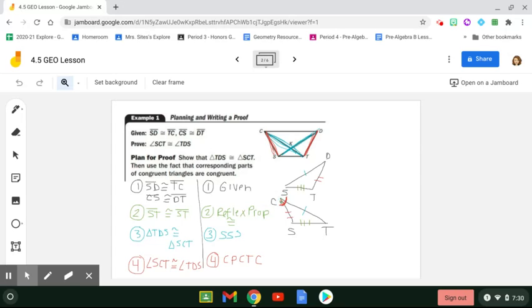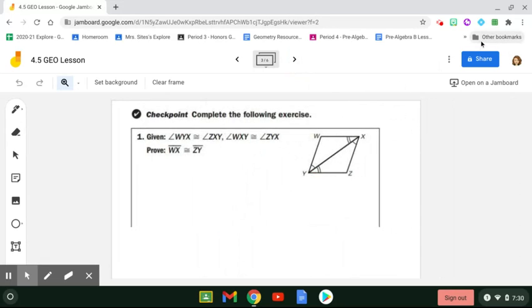So if you look at angle SCT and we look at angle TDS, they are corresponding angles with one another, so therefore they would have to be congruent with one another as well.